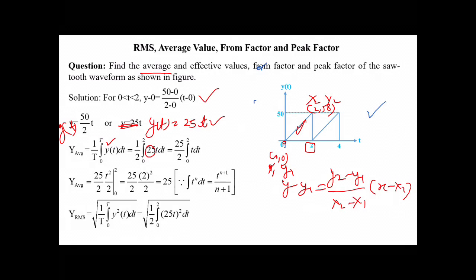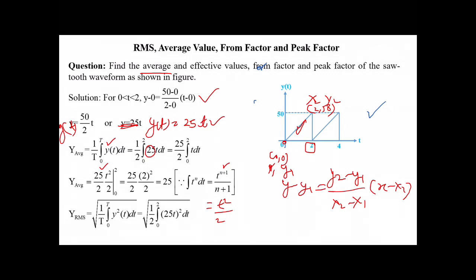How do we get the t square? Because we know the integration of t to the power n dt equals t to the power n plus 1 divided by n plus 1. Here n equals 1. So if we substitute n equals 1 in this equation, we get t square by 2. Let's substitute the value of the limit in this equation.